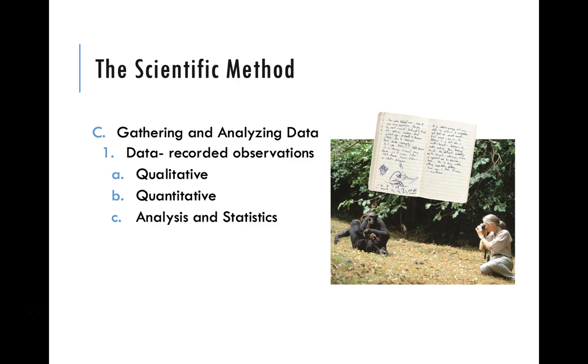Once you get your data, you're going to analyze it. You're going to determine whether or not you have supported your hypothesis. Very often researchers use statistics to help them determine if their data is significant. You might look at two numbers and not really know if they are different enough to indicate that there's a difference in these behaviors in these animals, or if it's just simple chance.